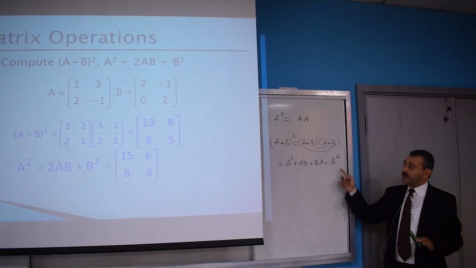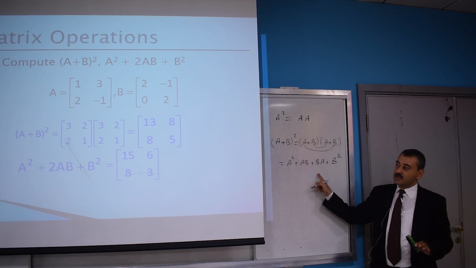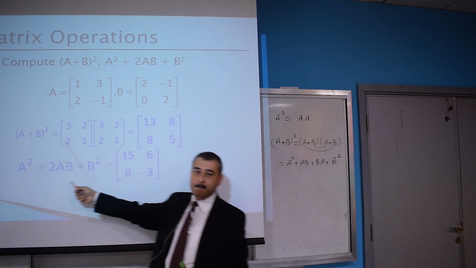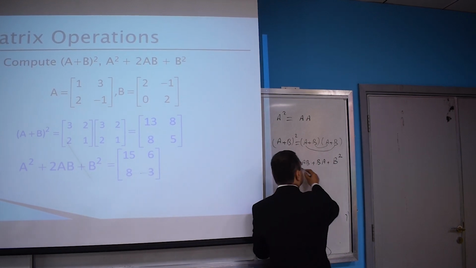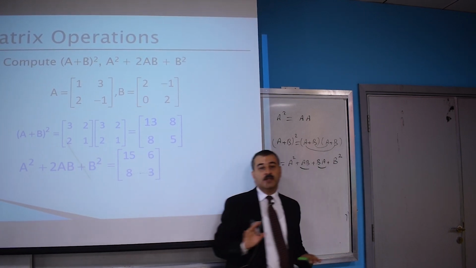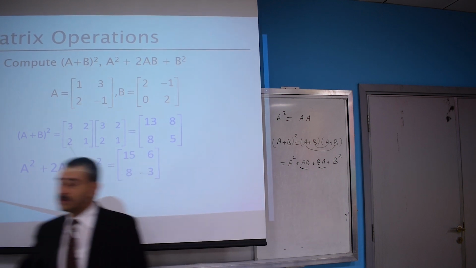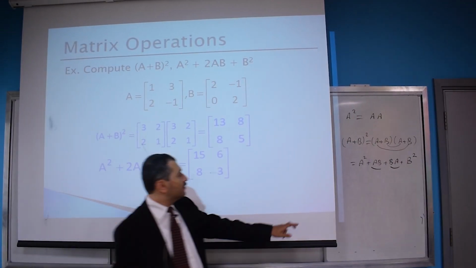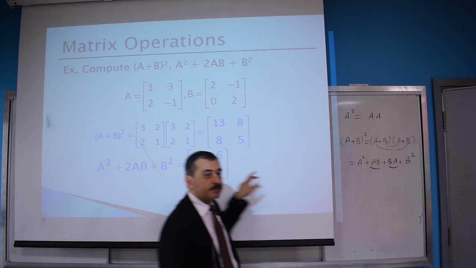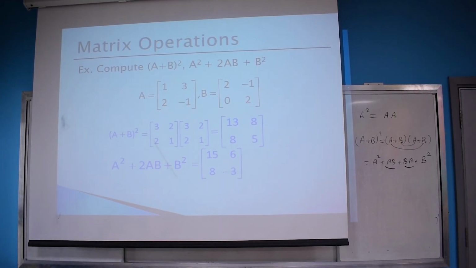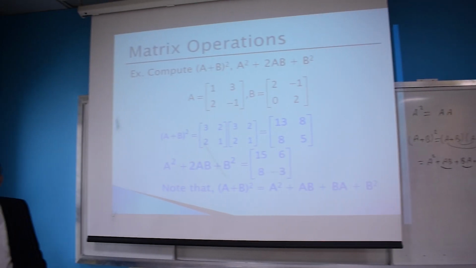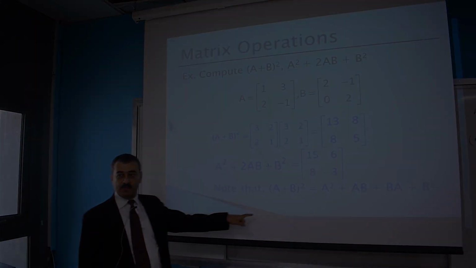So this is the expansion of this guy. So it is not this one. Because in matrices, these are not necessarily equal, and they are not equal in this example. So this is not the same as this one. So this is the right expansion of the bracket.